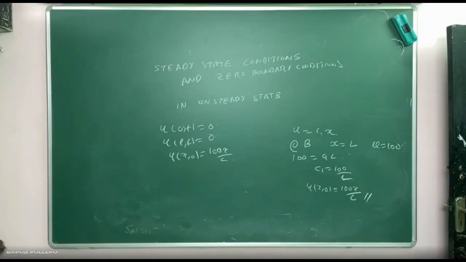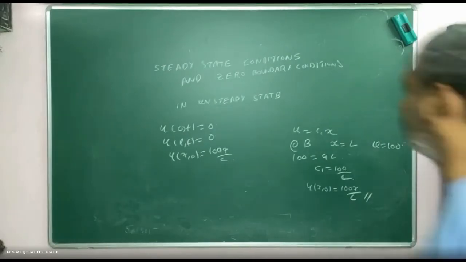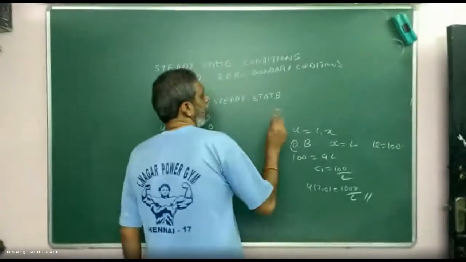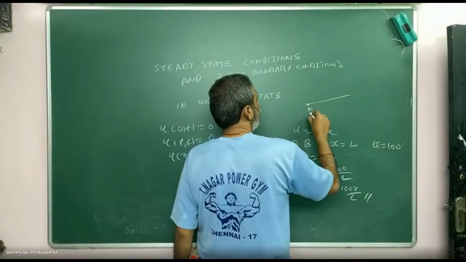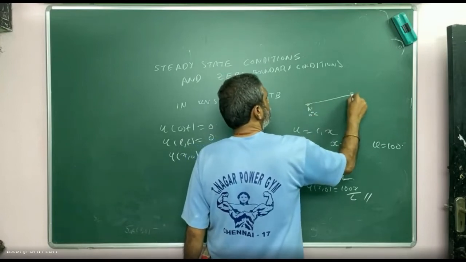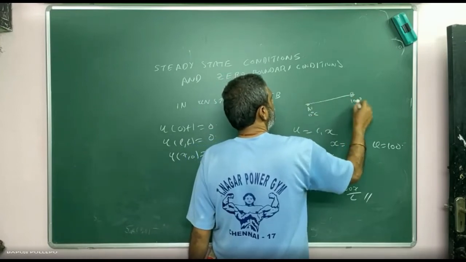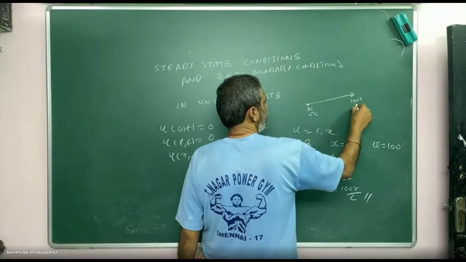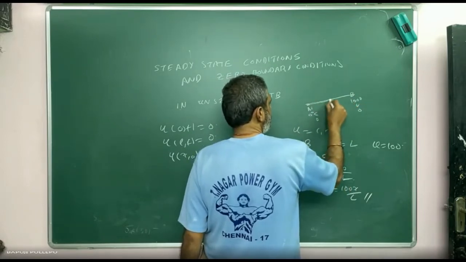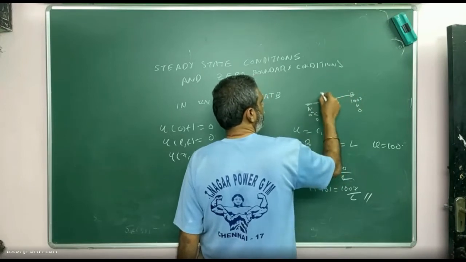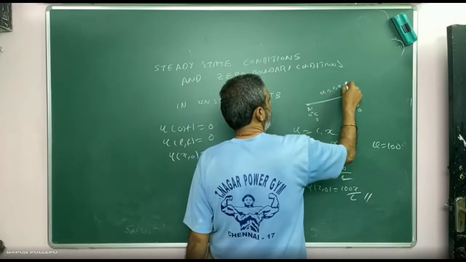But before bringing this up, this is the story. Initially in steady state, A is 0 degrees and B is 100 degrees. If steady state breaks, B is reduced to 0. Now this is also 0, this is also 0. In steady state, I find the equation u equals C1x plus C2.